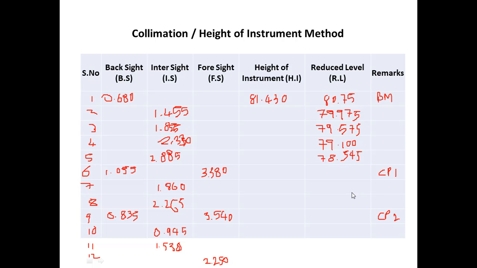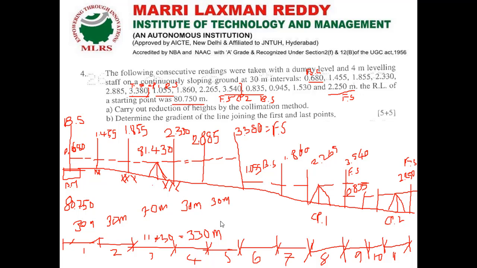Next, 81.430 minus 3.380 gives the answer of 78.050. So 78.050 is the RL value here.